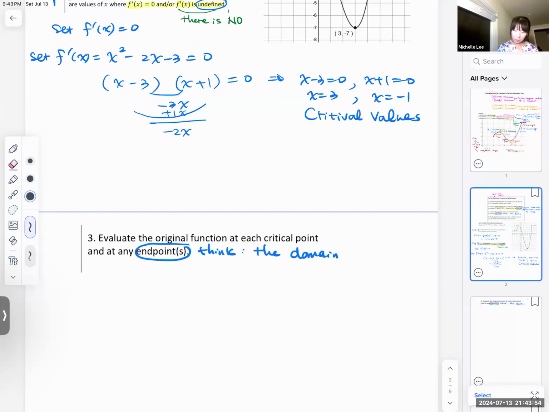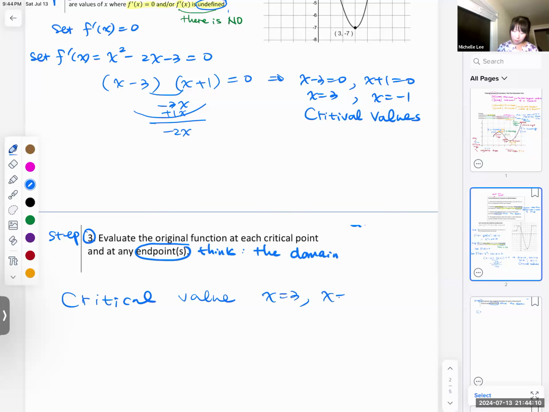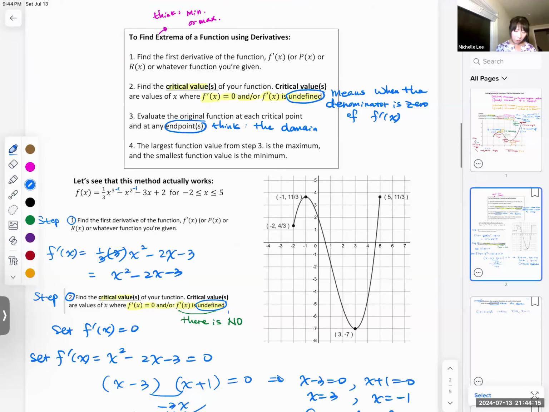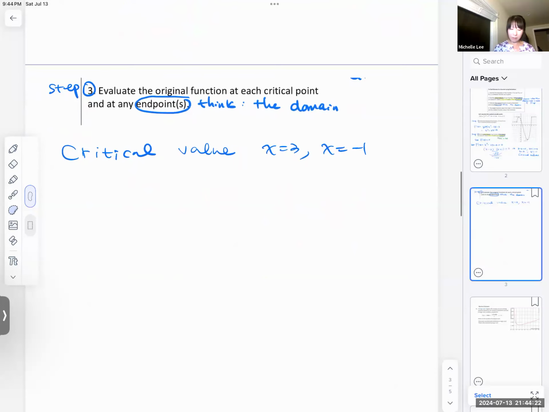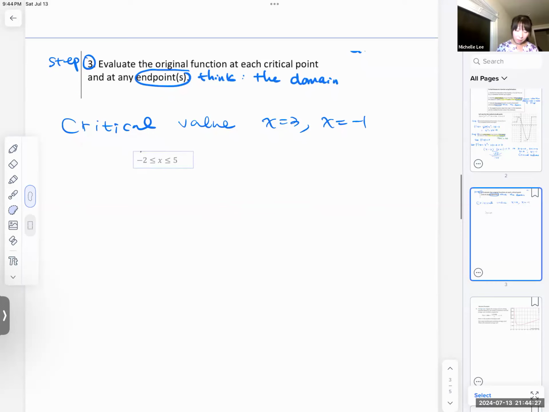We have critical values, x equals 3 and x equals -1, and endpoints, so think about the domain. Can you see that? X is between -2 and 5. So those will be the endpoints.